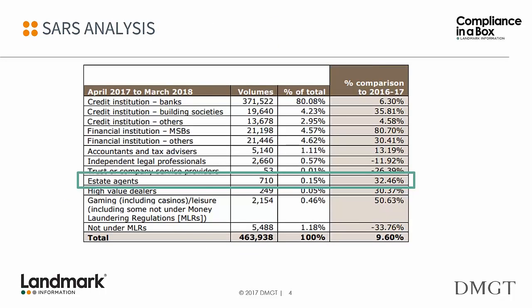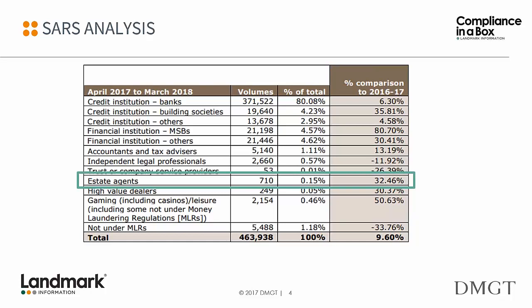Regulated entities, including estate agents, are required to submit a suspicious activity report where there is any suspicion of money laundering. In its 2018 annual report, the National Crime Agency, who are responsible for policing the UK's anti-money laundering regime, reported that of 463,938 suspicious activity reports that were submitted from April 2017 to March 2018, only 710 of those were from estate agents.